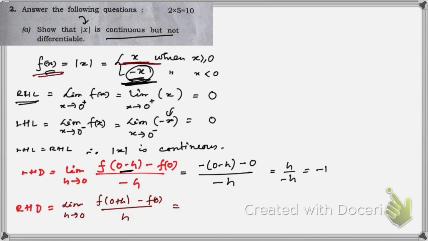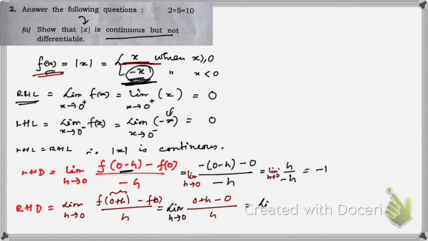So now let us replace this x by 0 plus h, then you're gonna get 0 plus h minus f of 0, which is simply 0, divided by h. So let me write the limit here, I forgot to write it, sorry. Limit h tends to 0.